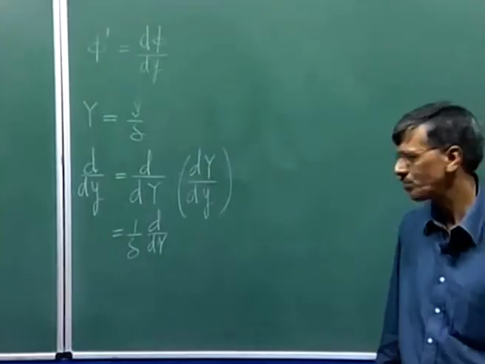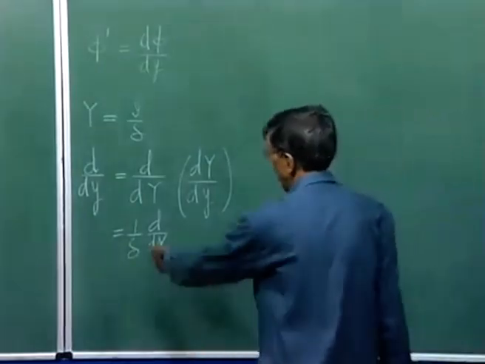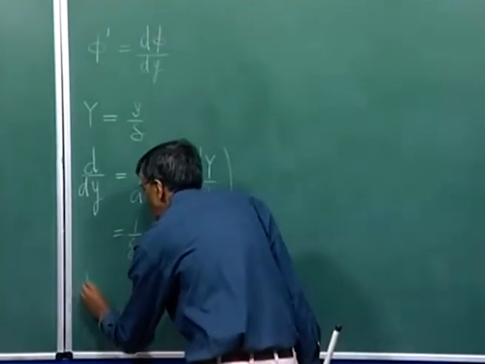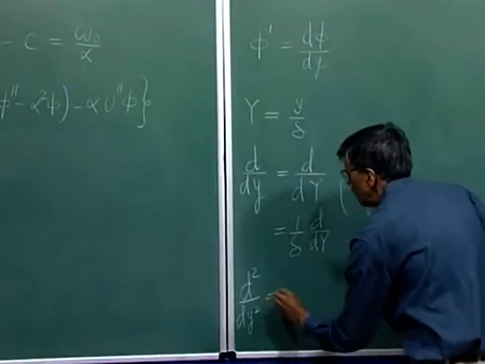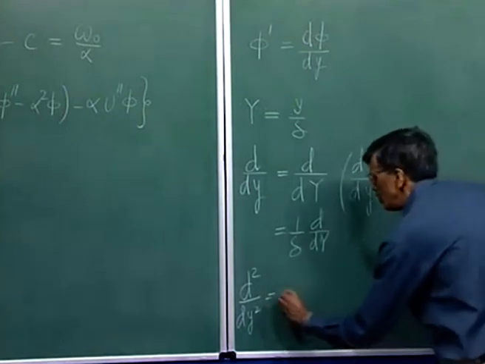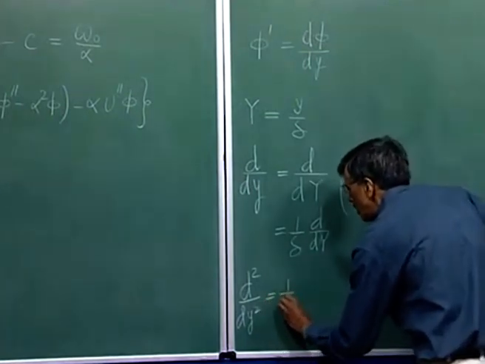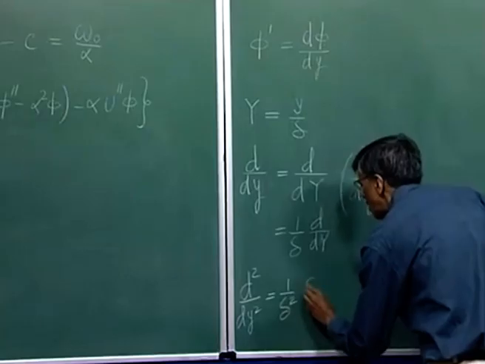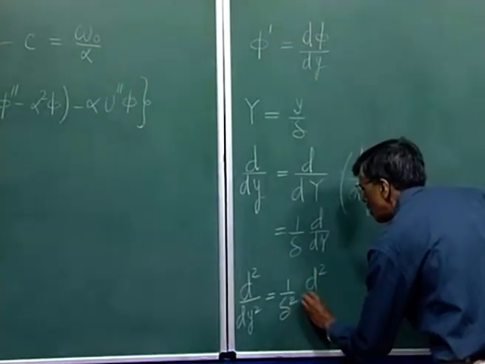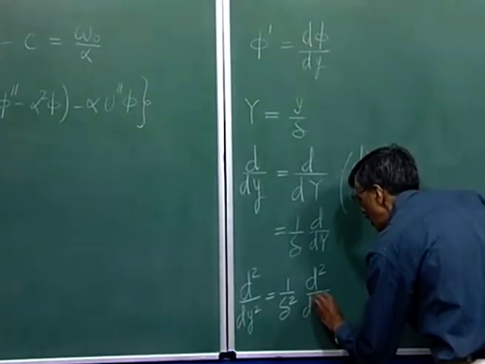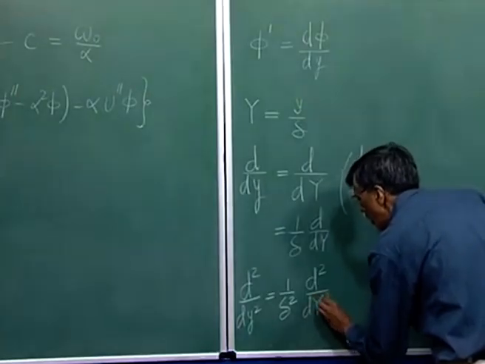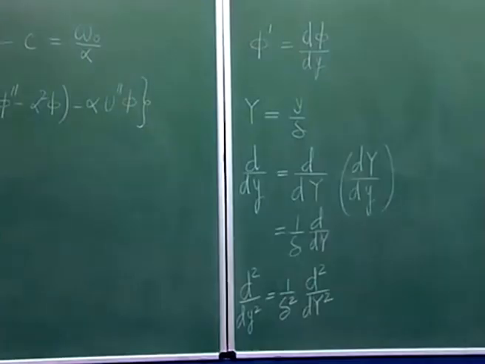Right? So, you can carry on the story further. You can obtain the second derivative. What will that be? 1 over delta square, so on and so forth, and you do that.